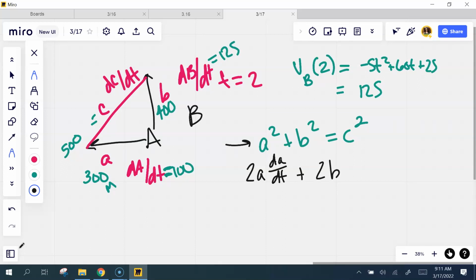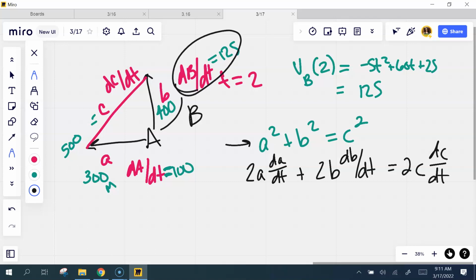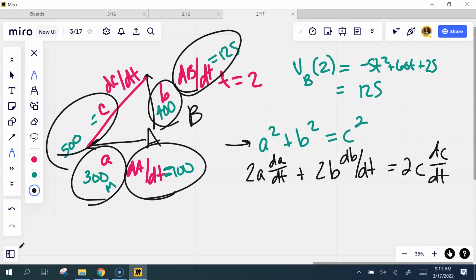Plus 2b dB/dt equals 2c dC/dt. Now you can go in and plug in all of your known things. Solve for dC/dt, and you will find, and I'm not going to go through all this because we're running out of time, and I want to make sure I get through the other stuff too, that dC/dt comes out to be 160 meters per minute.